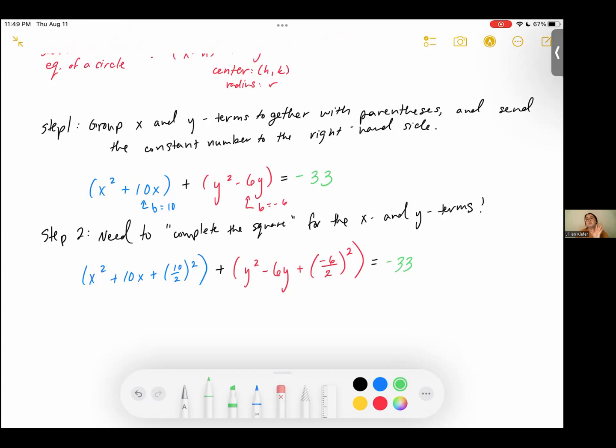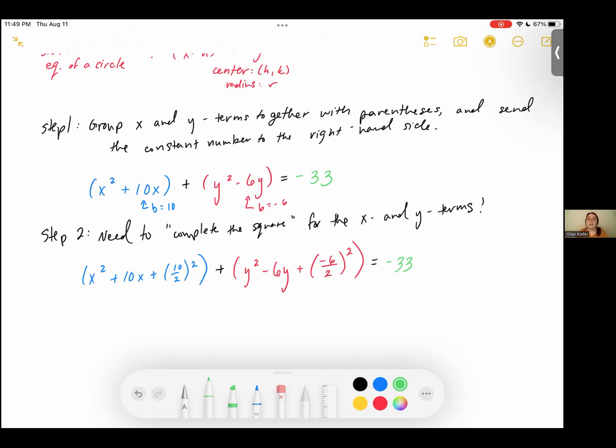But what we've just done, while it is completing the square, we kind of just broke an equation law. We just added things to one side without doing it to the other. So if you remember that rule you probably learned in elementary school at some point, if you add or subtract something from one side, you have to do the same to the other. It has to stay equal.